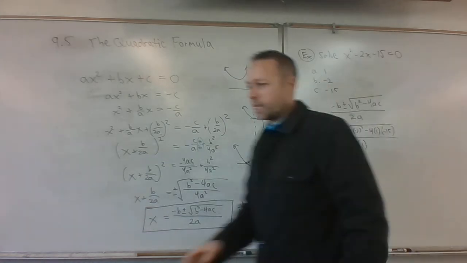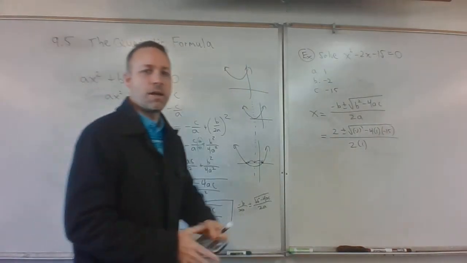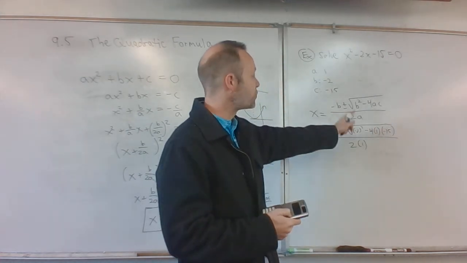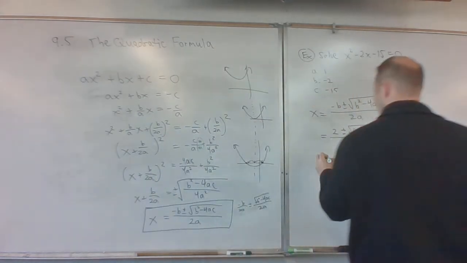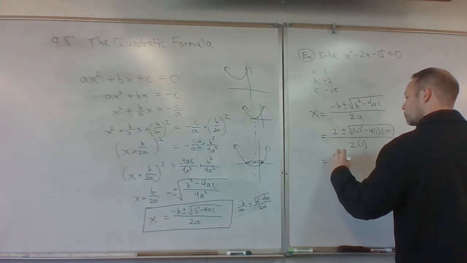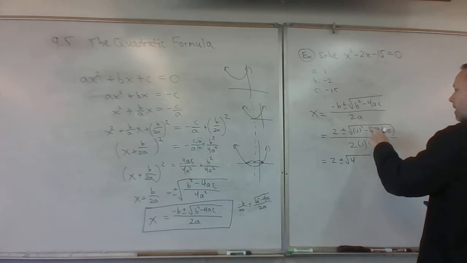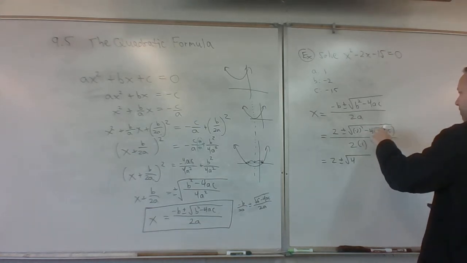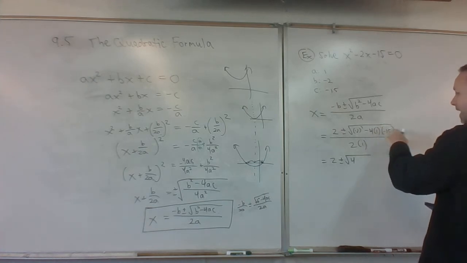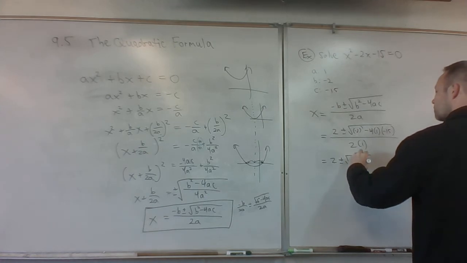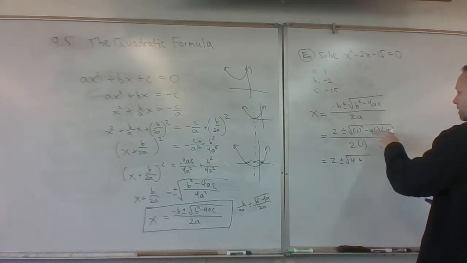So then I would take my calculator and see what we get inside of here. I know that negative 2 squared is 4, right? So that'll give me 2 plus or minus the square root of 4, minus, and I have positive times a positive times a negative, which will give me a negative number. I'm subtracting a negative number, so it's going to become plus 4 times 15.